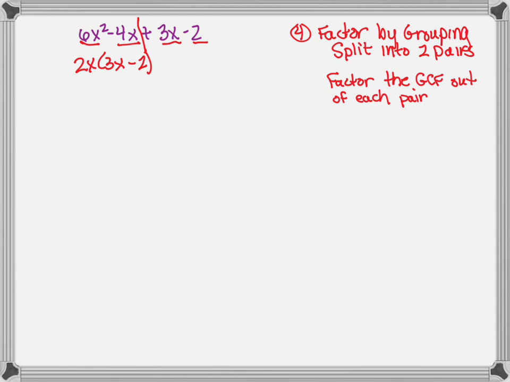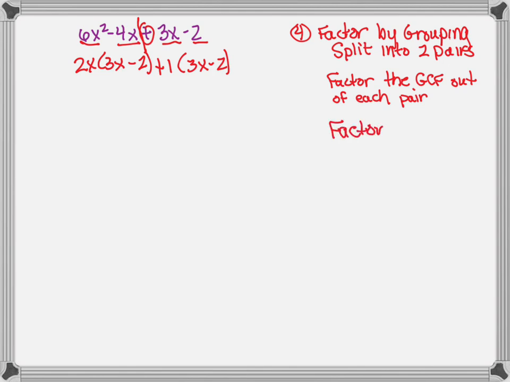My greatest common factor there is just 1. And because the third term is positive, this is a positive 1. If my third term in my 4 terms had been negative, I would have factored out the negative with my GCF. And then when I factor out 1 from my second pair, 3x divided by 1 is 3x. Negative 2 divided by 1 is negative 2.